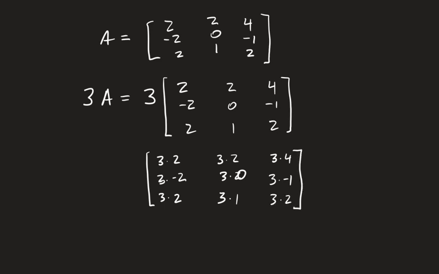So that would give us 6, negative 6 and 6, 6, 0, 3, 12, negative 3, and 6. So that would be your answer to having 3 times matrix A.